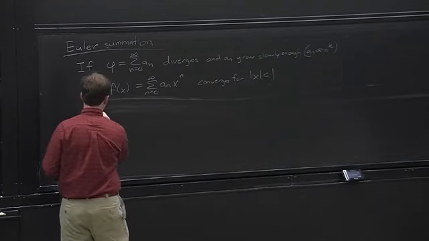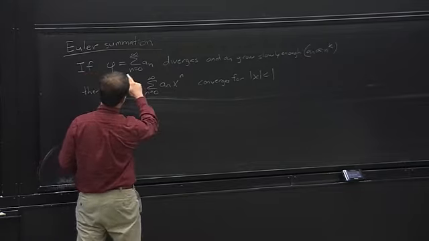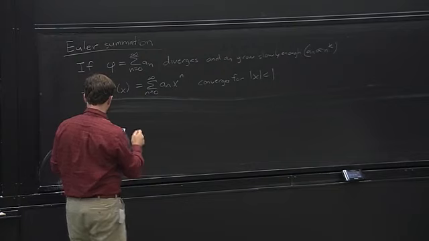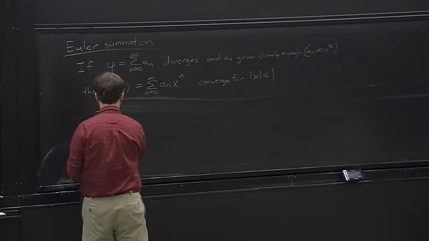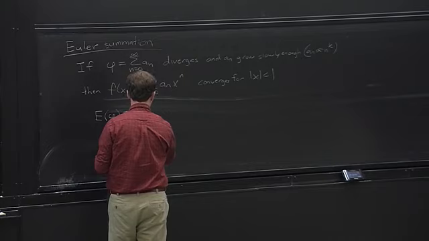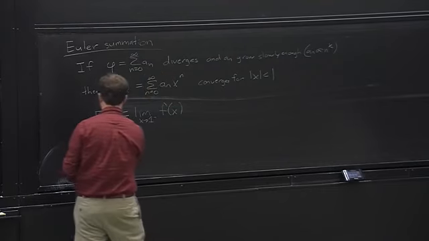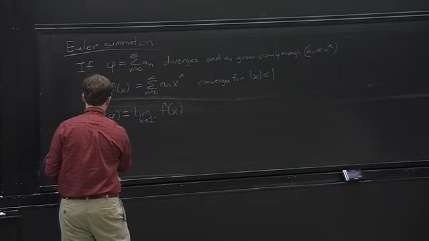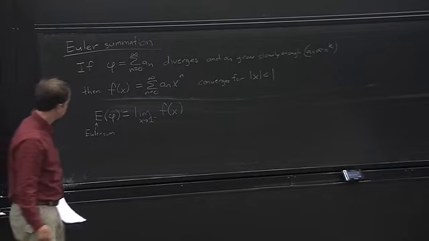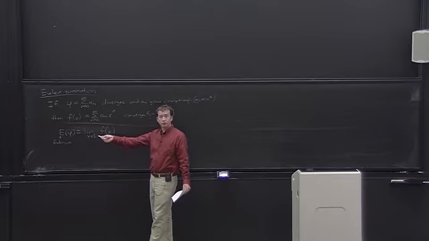And so this is a way in which we can make a divergent series converge. It only works for certain series. And the Euler sum is defined to be the limit as x approaches 1 from below of f of x. This is called the Euler sum. So this is a procedure we can use to assign a finite number to a divergent series.